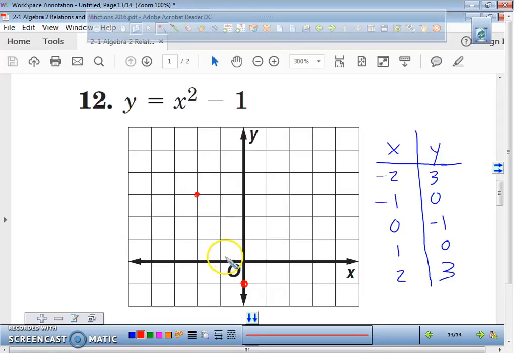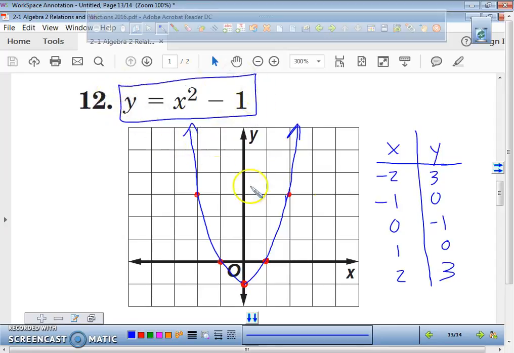We have -1, 0, 0, -1, 1, 0, 2, 3. And then you can just connect the points. And why are we allowed to connect through the points? Because this is not a series of dots, right? This is actually an equation. So you're graphing an equation that looks like this.